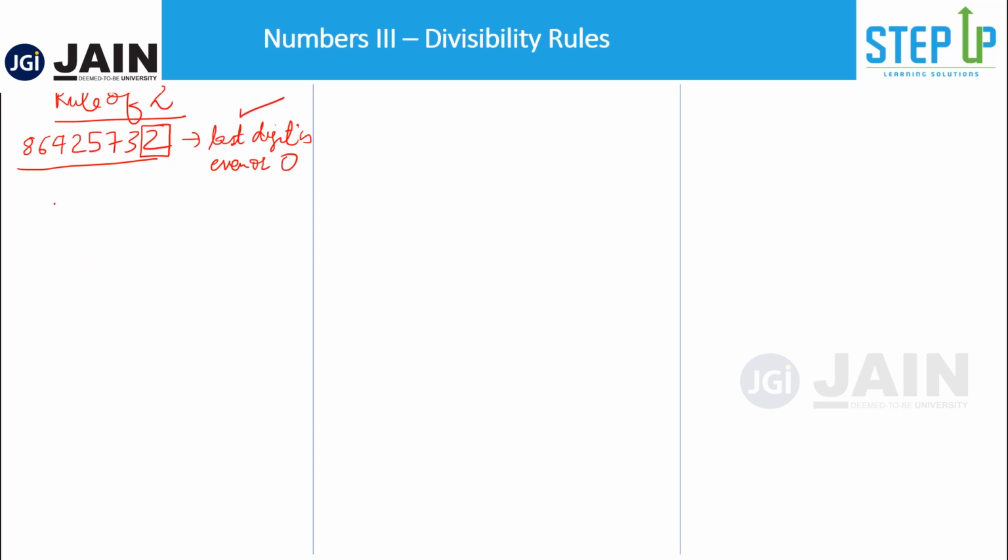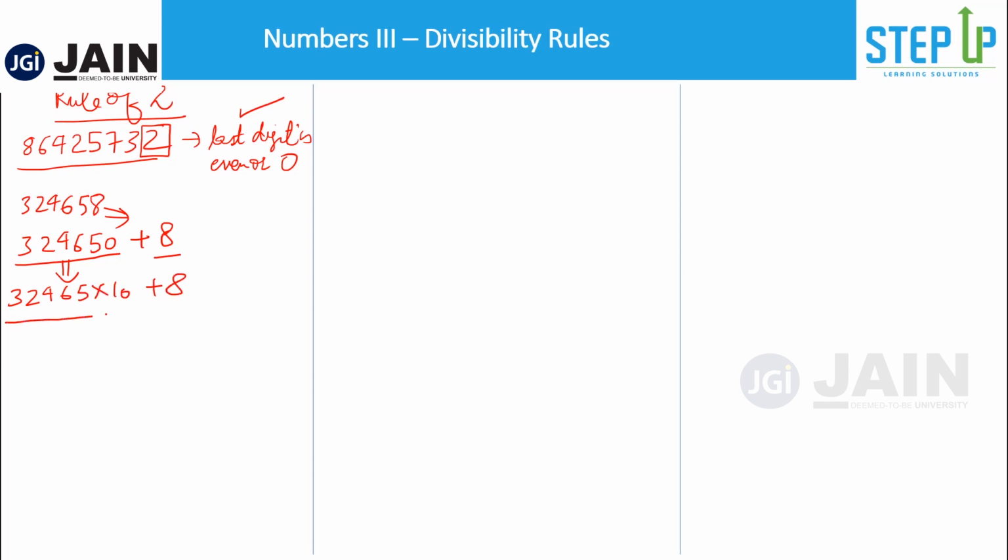Now, this rule a lot of people are aware of, but the logic behind it is also very simple. If I have a number like, let's say, 324658, I can write this number in the form of 324650 plus 8. Any number, I can separate out the unit digit and write it in this format. And this I can further write as 32465 into 10 plus 8.